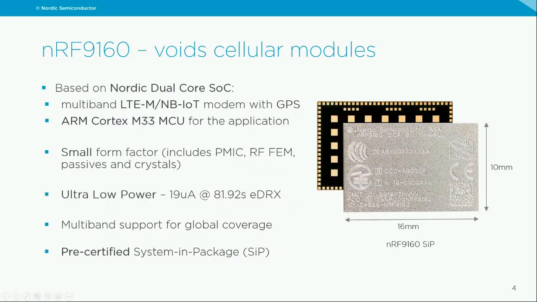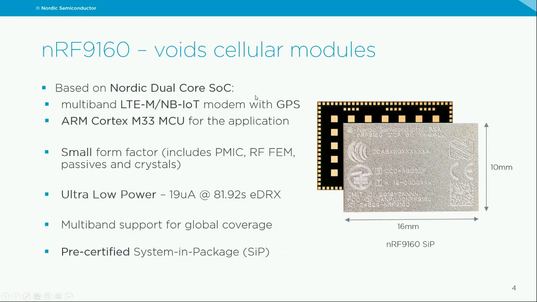Here you can see that 16 by 10 millimeter system in package that we have, which is the 9160 product from Nordic. The core of this product is Nordic's own developed system on chip.